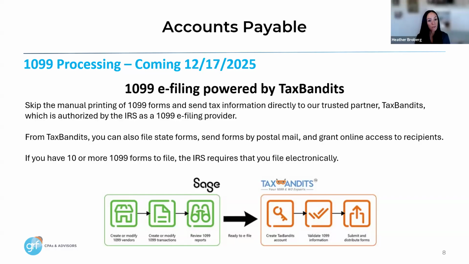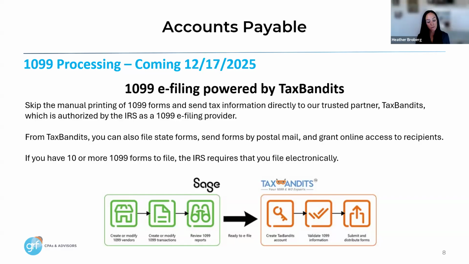For those who are looking to e-file, and you have not done this previously with Sage Intacct, there is an integration with Tax Bandits right within your Sage Intacct environment. So really you can skip the manual process of printing forms and or downloading the data out of Sage Intacct, uploading to another partner to go ahead and file those for you.